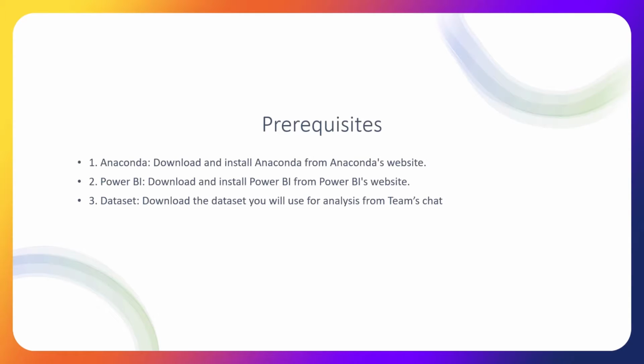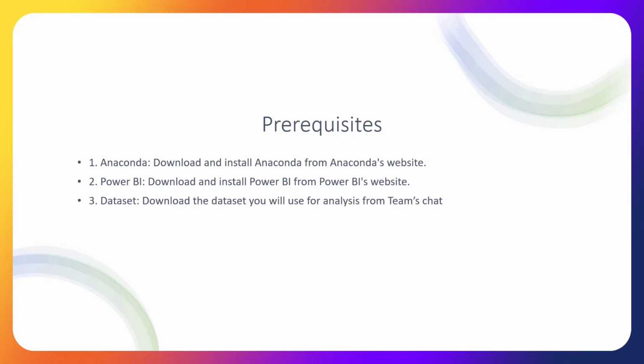So here are some prerequisites for actually doing this project. The first thing is you need to download and install Anaconda from Anaconda's website. You also need to download and install Power BI if you do not have it, and that's from Microsoft Power BI website. And you also need to download the data sets that we are going to be using for this analysis.